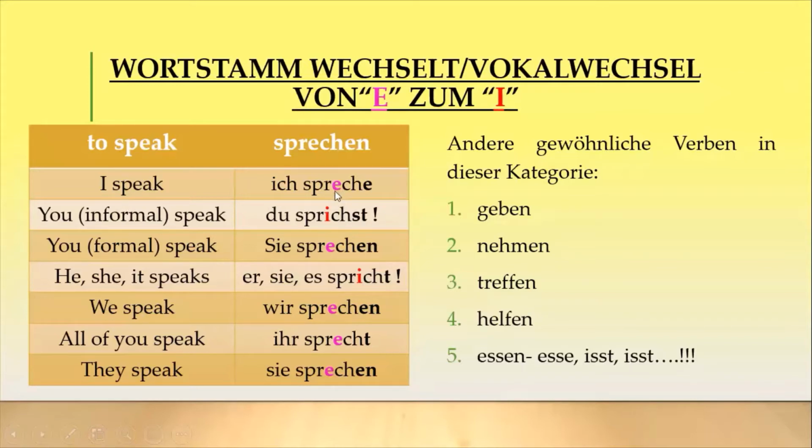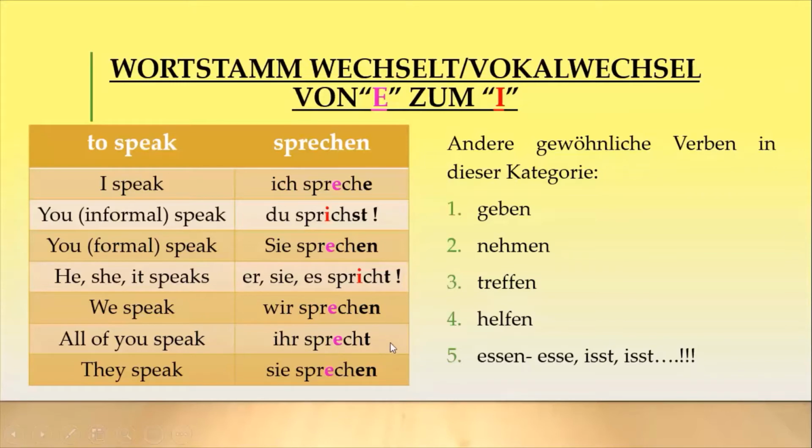So again the A alphabet has changed to E, but the ending is with a T. We speak, wir sprechen. All of you speak, and by all of you, I am referring to 2 or more people.